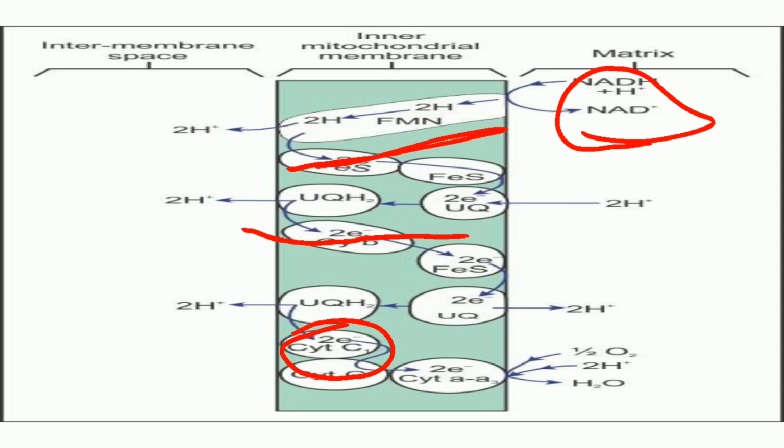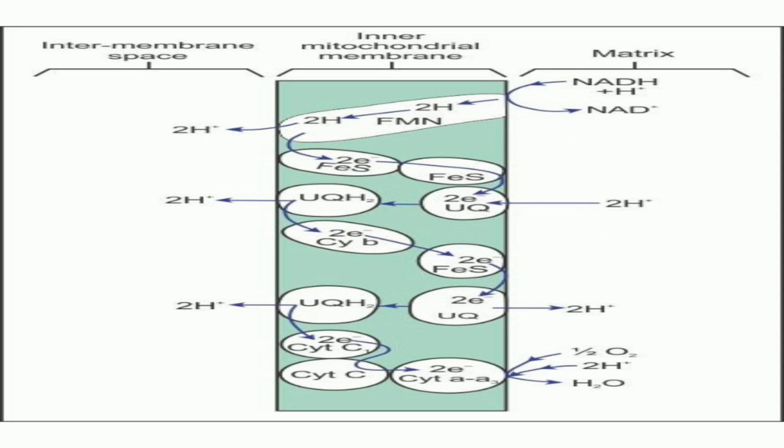When electrons pass from one carrier to the next via complex 1 to 4 in the electron transport chain, they are coupled to ATP synthetase, which we may call the fifth complex, for the production of ATP, adenosine triphosphate, from adenosine diphosphate and inorganic phosphate.